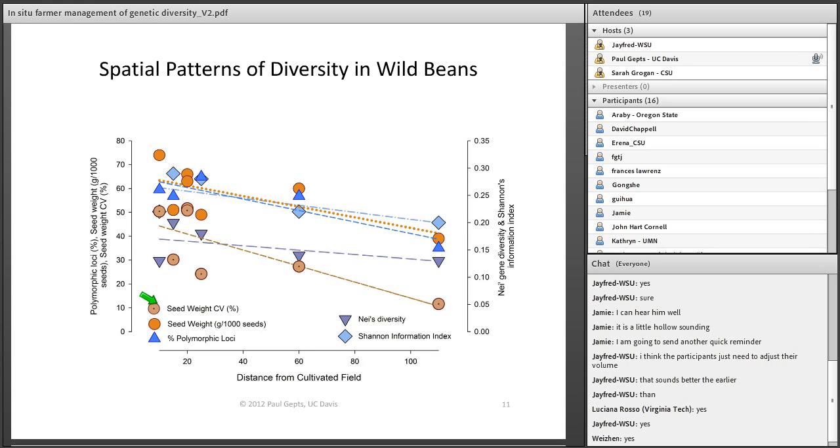So a first set of studies then was conducted in the central part of Mexico. You see here in the left upper corner, the central part of Mexico, and the circles actually are different sites in that region, and they differ by the distance between the domesticated field and the wild population.